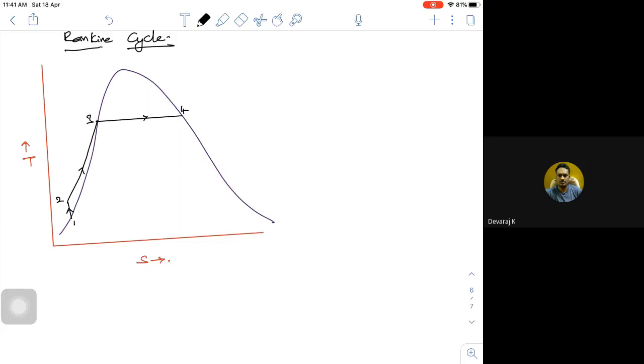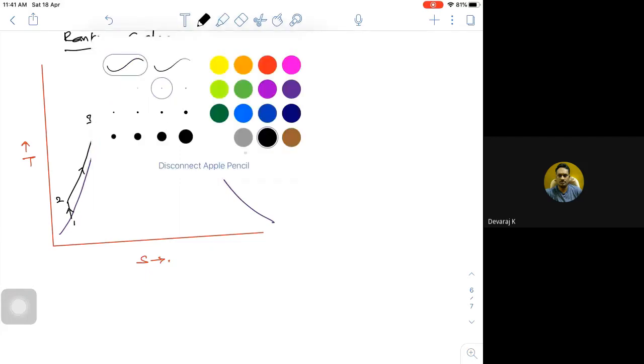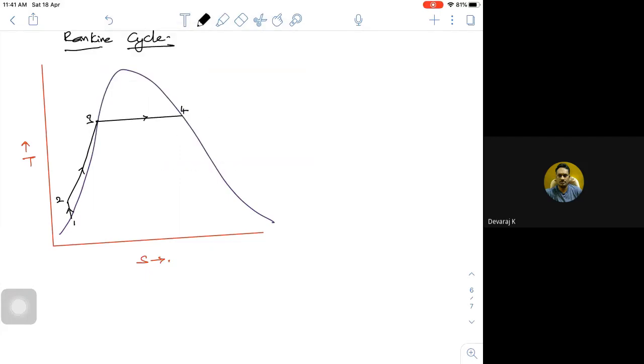Suppose my steam condition is superheated, so I will go beyond this point. It is not a straight line, it will be a curve. So I will go beyond this point to, let me call that, 5.